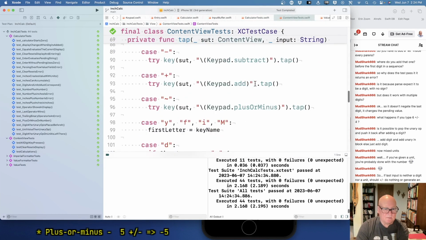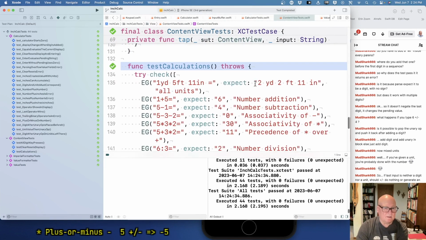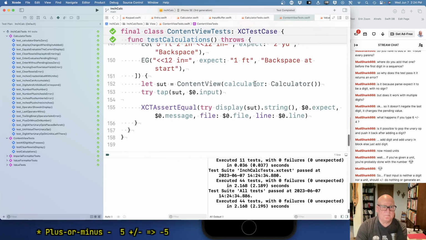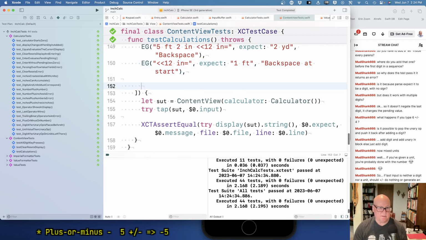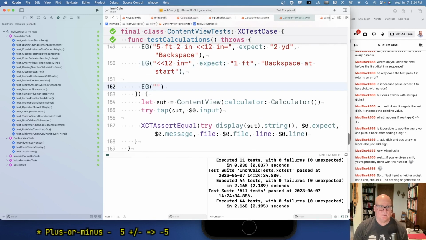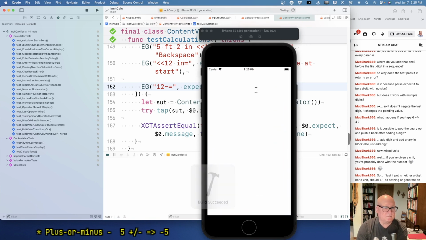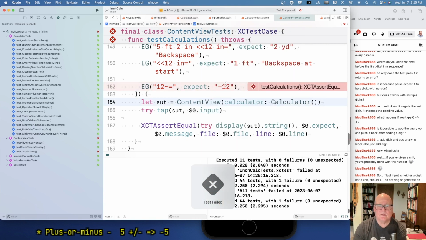Okay. I forget what we did for plus or minus. Oh, squiggle. Okay. Start easy. 12 plus or minus equals, we expect minus 12. Yep, that fails.